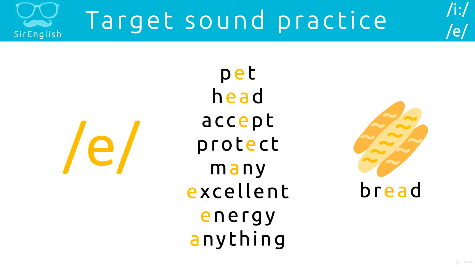So did you notice the spelling? Very often for the sound e, we have the letter e representing it. For example, pet, P-E-T, pet. Sometimes we have the letter a representing this sound. For example, many, M-A-N-Y, many.